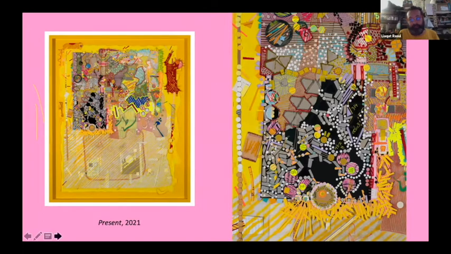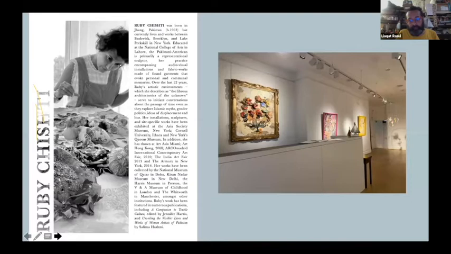So I'm now going to move over to Ruby. In the show, you can see where we positioned Ruby right next to Liaqat, which is why I thought it would be a good transition. Ruby uses a lot of ceremonial cloth from the wedding and fashion industry within her work, which from a distance looks incredibly beautiful and glittery.